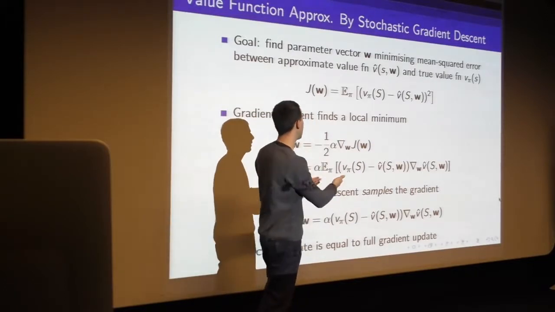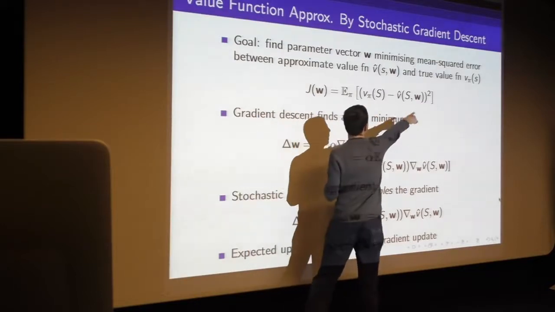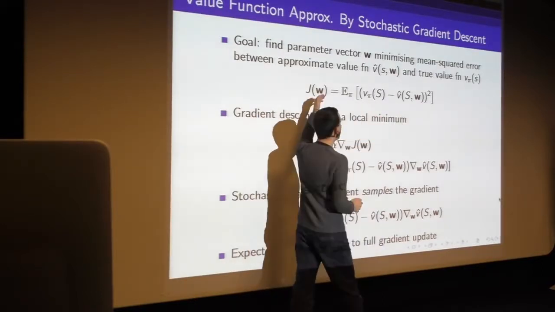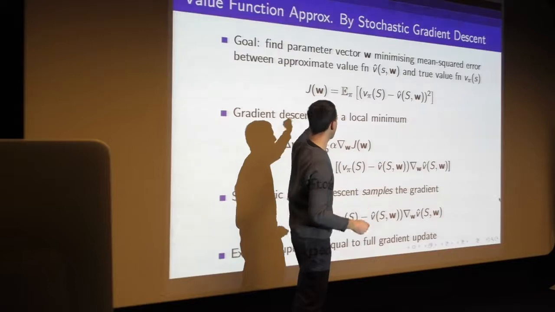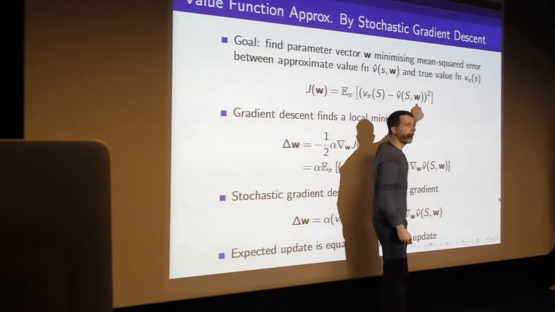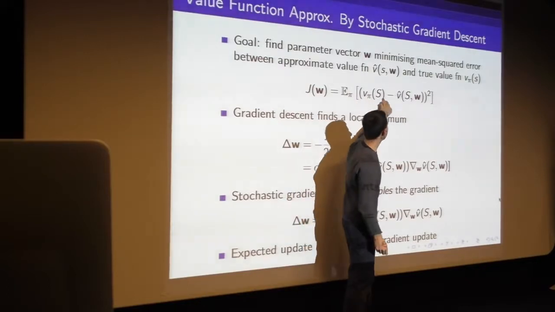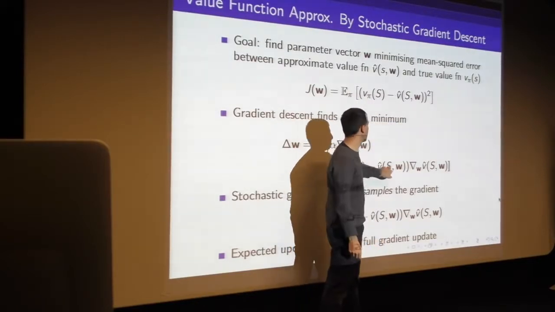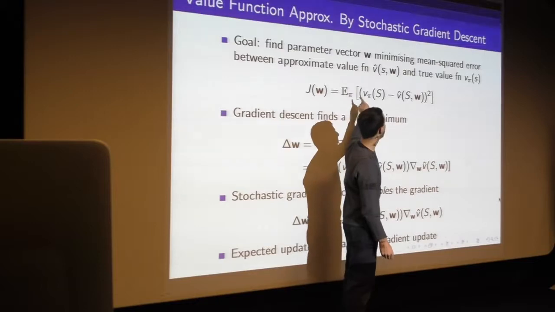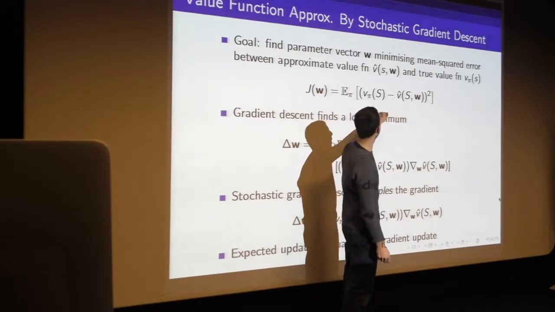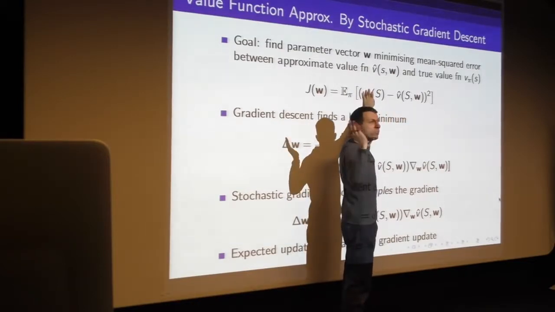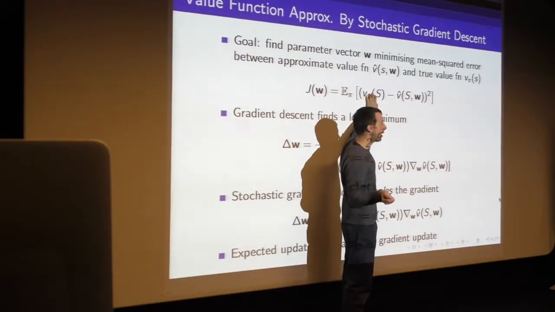So all we're going to do is plug that in. So we've got this mean squared error here. So how do we minimize this thing? Well, we're going to apply the chain rule to this. So we've got this squared error here. If we apply the chain rule to this, we end up with this error term multiplied by the gradient of this error term. But our oracle is just some constant. It doesn't depend on our parameters.